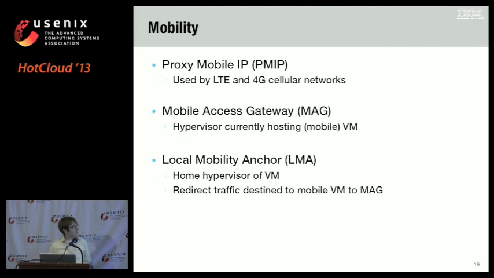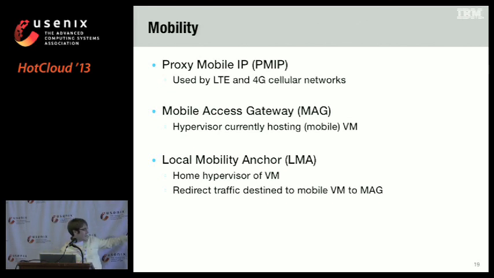The mobile access gateway is essentially the thing that is currently hosting the VM, or the thing that would be currently talking to your cell phone. So in our situation in the all IP network, the hypervisor currently hosting the mobile VM would be running the mobile access gateway for that VM.